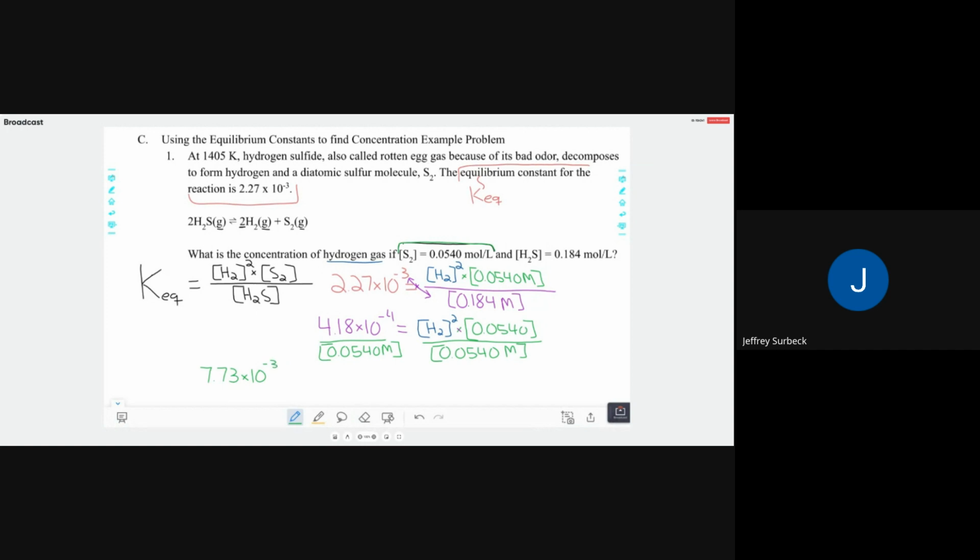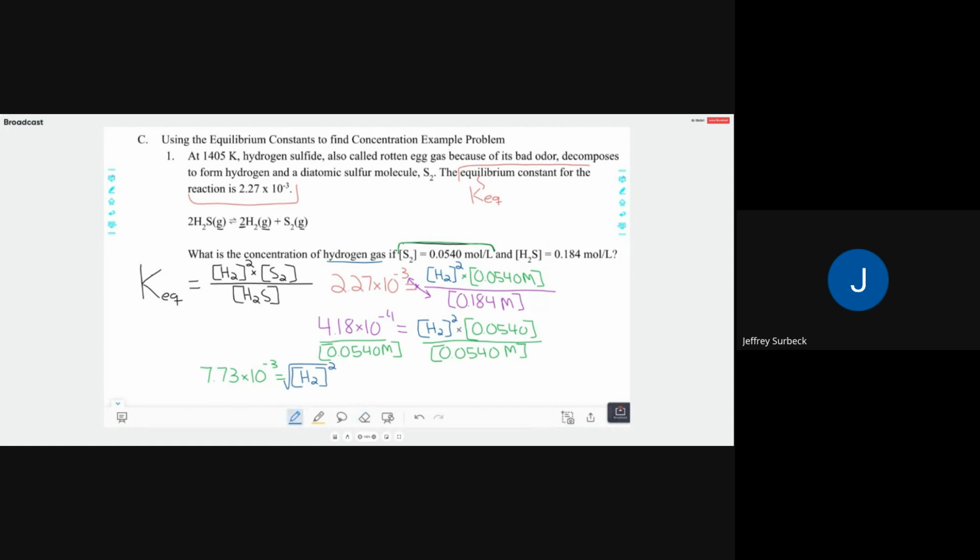This is all equal to our hydrogen gas that is squared. So we've got to do one more mathematical step here, and we've got to get rid of that squared so we can solely find our concentration of hydrogen. So the way we do that is we just take the square root of each side, okay?